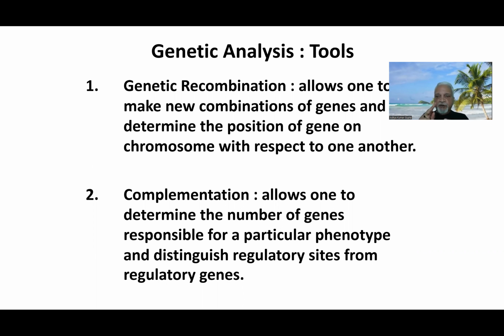Now, genetic recombination is the key for genetic variability, what we see today in the eukaryotic world as well as the prokaryotic world. I'm going to focus on prokaryotes, not on eukaryotes. So here also, genetic recombination is the key to the genetic variability seen in a population.